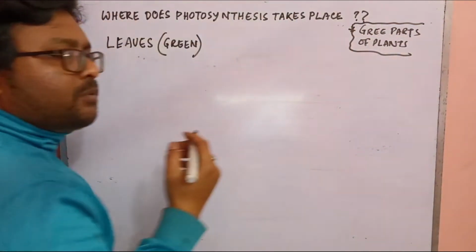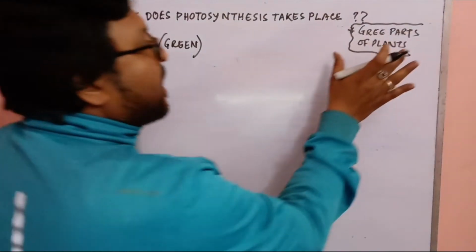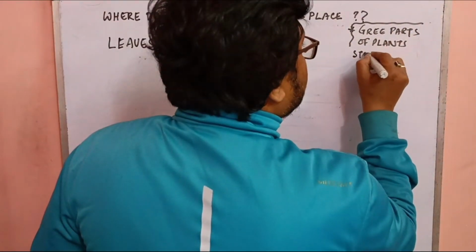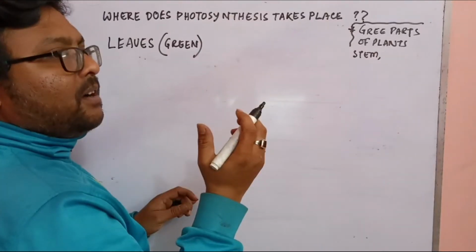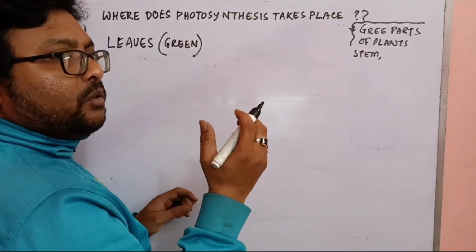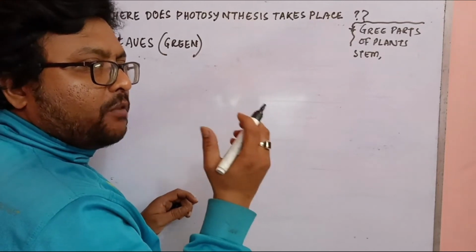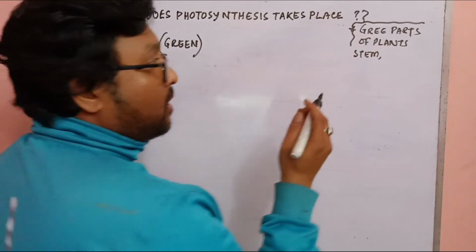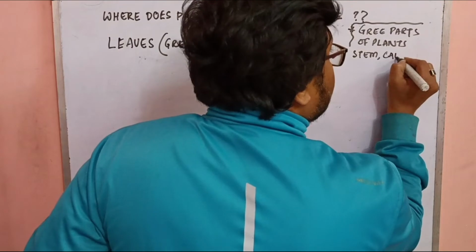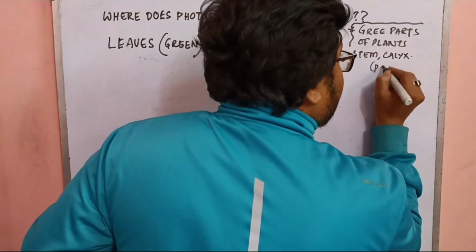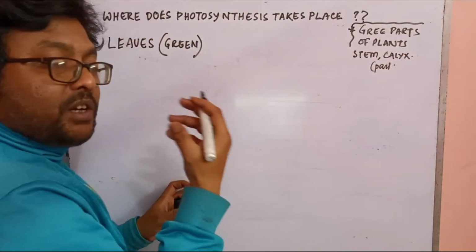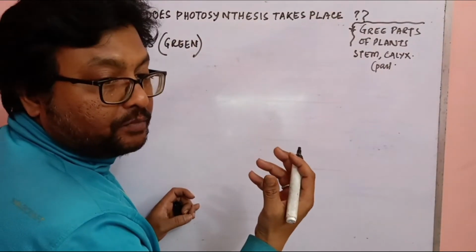But green parts বলতে basically we'll find stem, even flower. Calyx is a part of a flower. Generally, they are green in color.